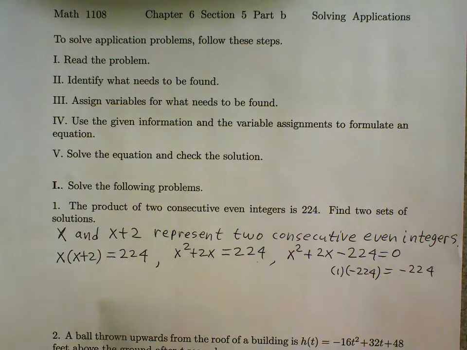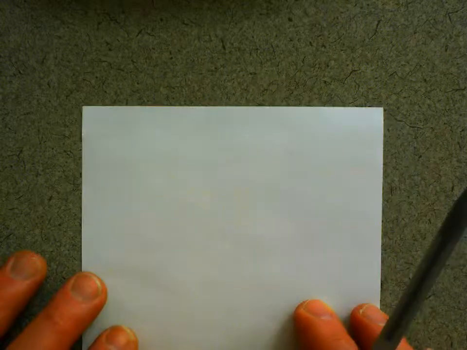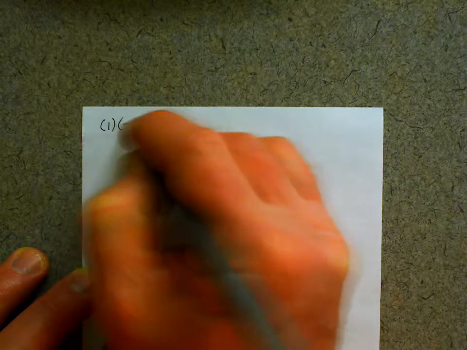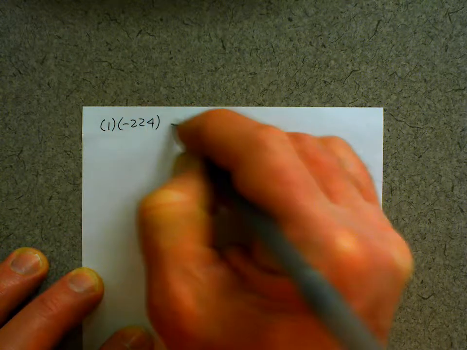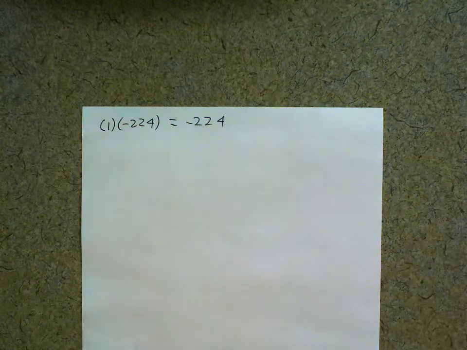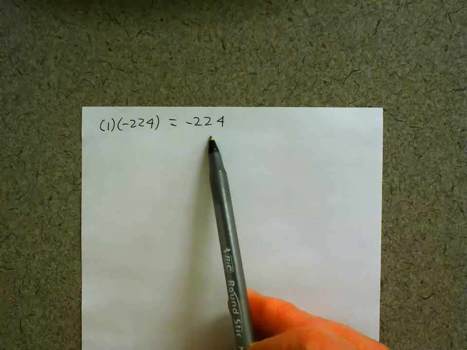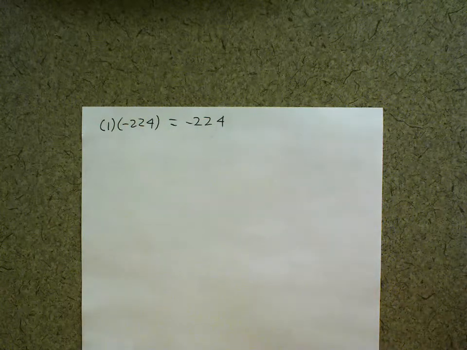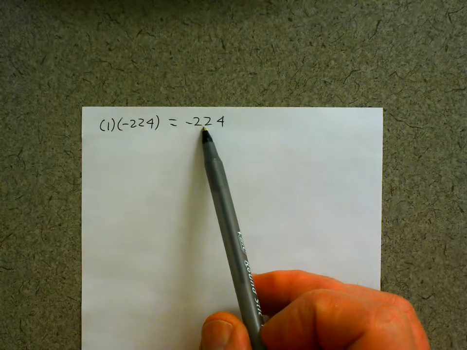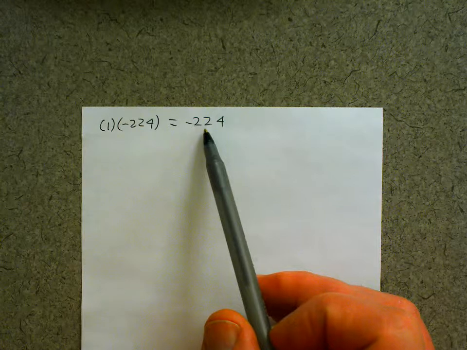Well, I don't have a lot of space here, so I'm going to use another piece of paper. So it was 1 times negative 224 equals negative 224. Two integers that have a product of negative 224 and a sum of 2. Well, if the product is negative, one must be positive and one must be negative.